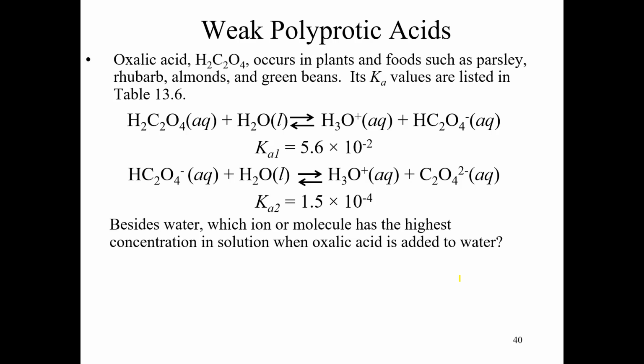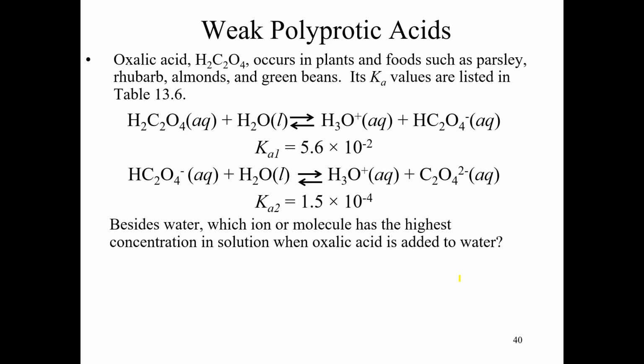Oxalic acid occurs in plants and foods such as parsley, rhubarb, almonds, and green beans. Here are the Ka values for the 2 ionization steps of this acid. The top one, the first ionization, Ka1, is 5.6 times 10 to the negative 2.